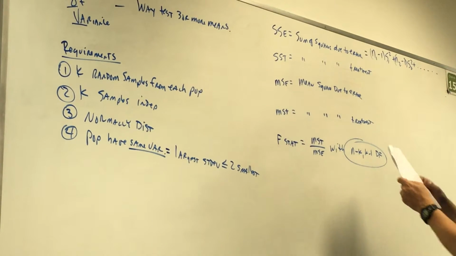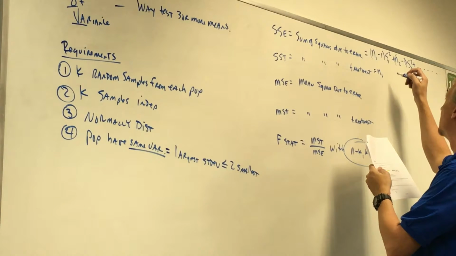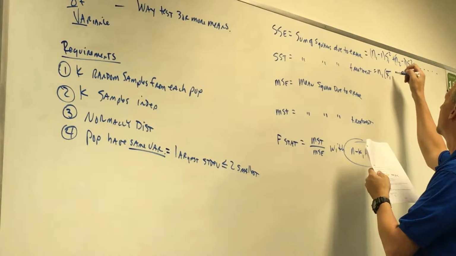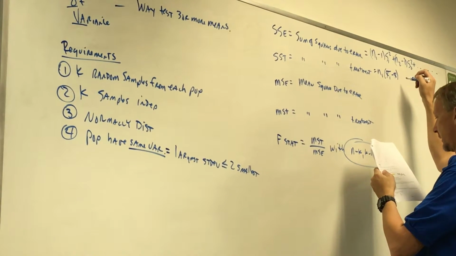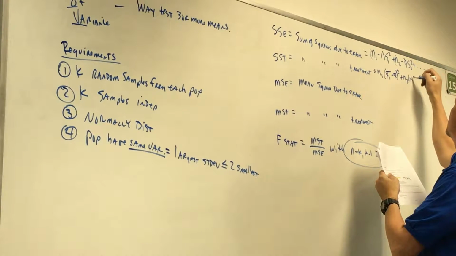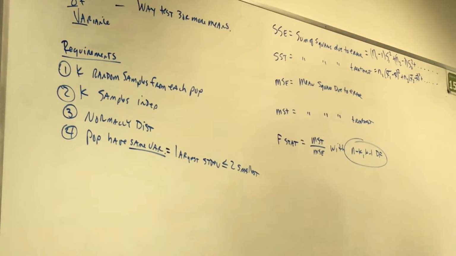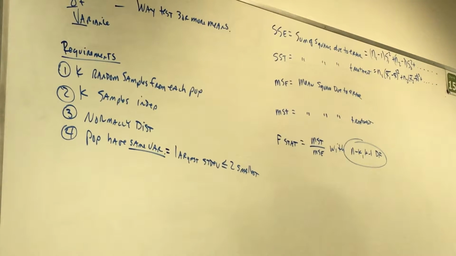Your SST is going to be n1 times x1 bar minus x bar squared plus n2 times x2 bar minus x bar squared plus et cetera, however many samples you have.